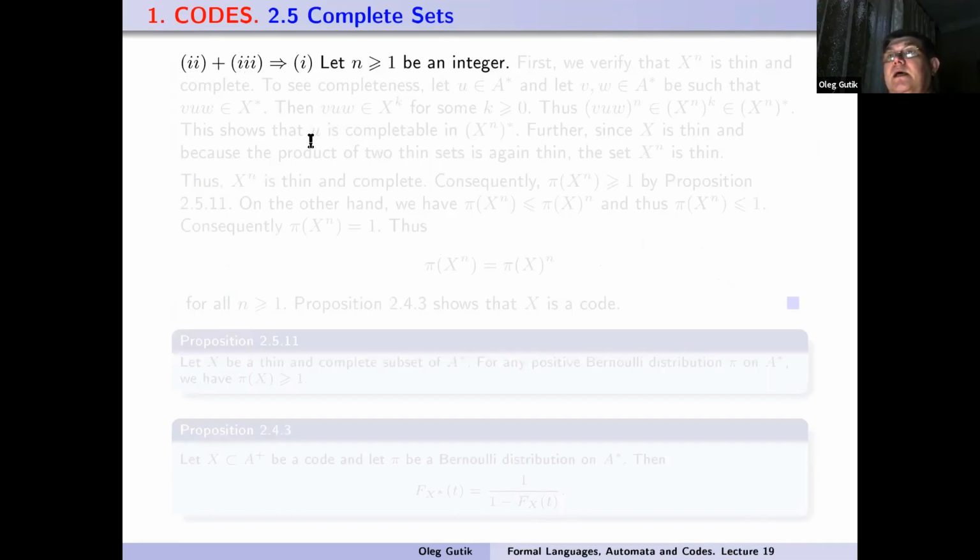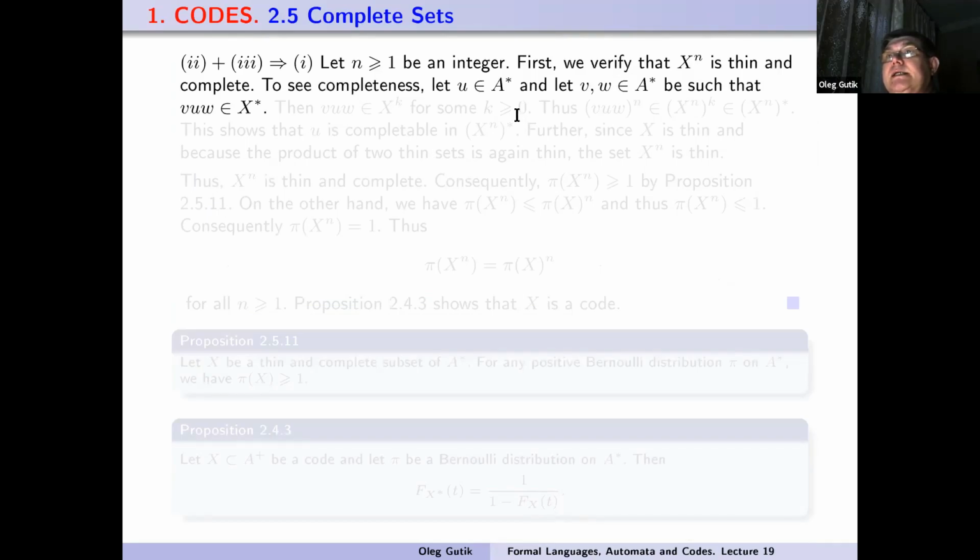Let n greater or equal to 1 be an integer. First, we verify that X to the power n is thin and complete. To see completeness, let u belong to the free monoid A*, and let v, w from the free monoid A* be such that v times w belongs to the monoid X*.